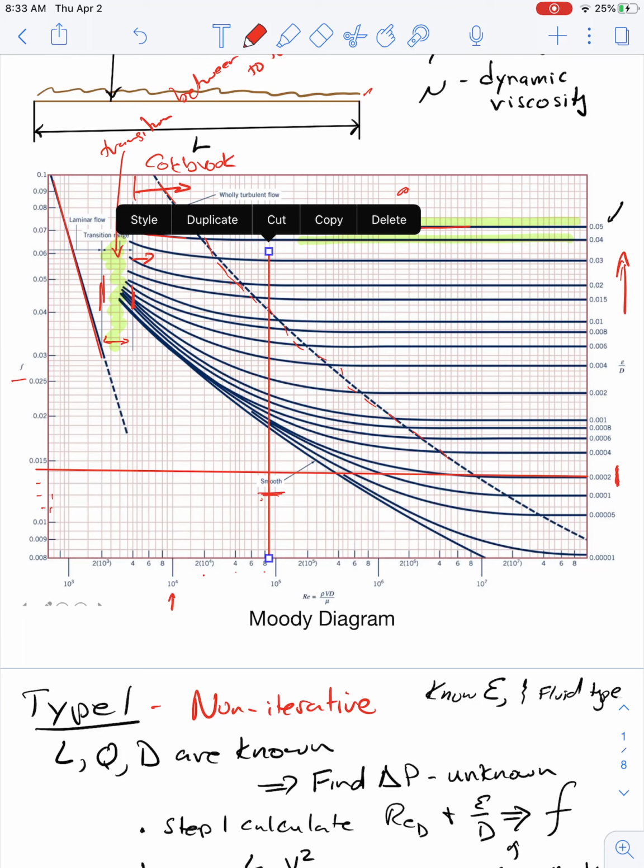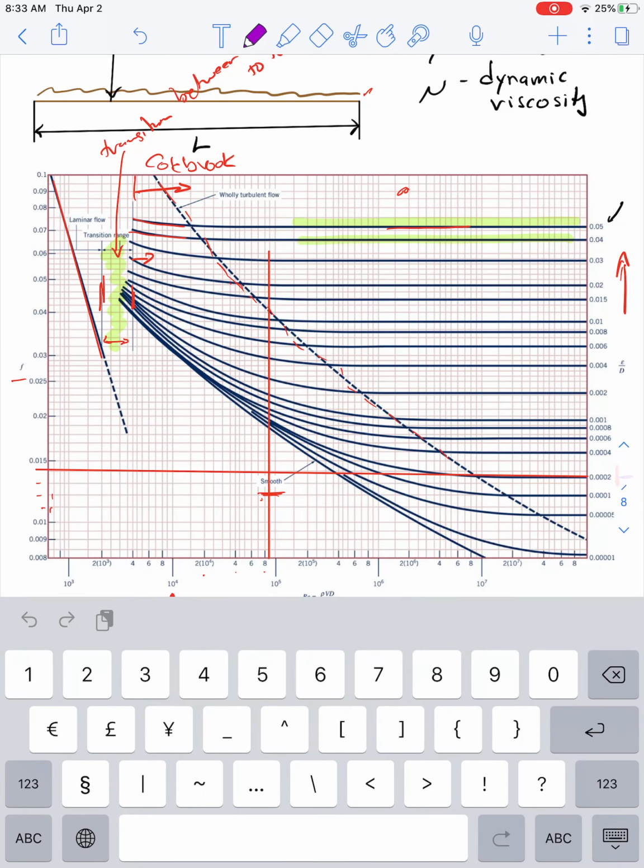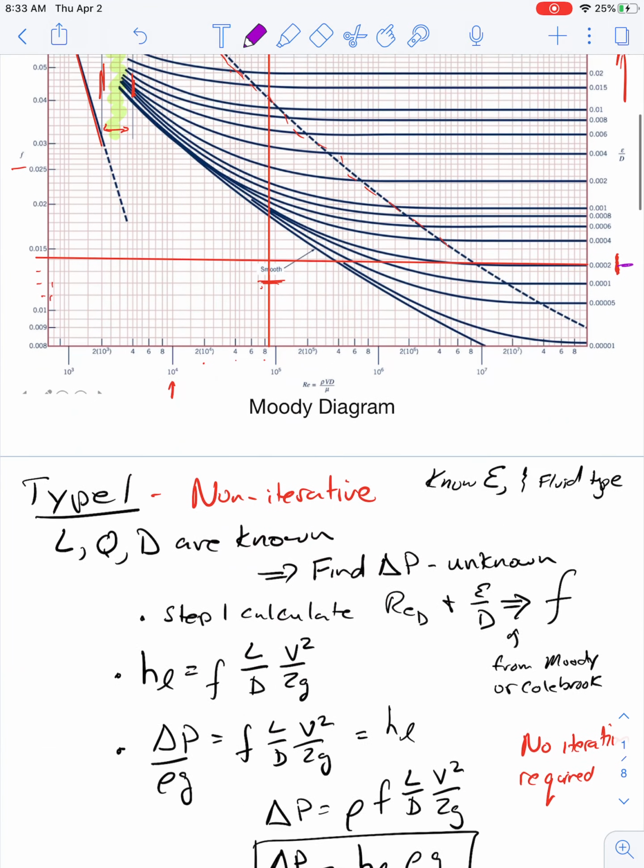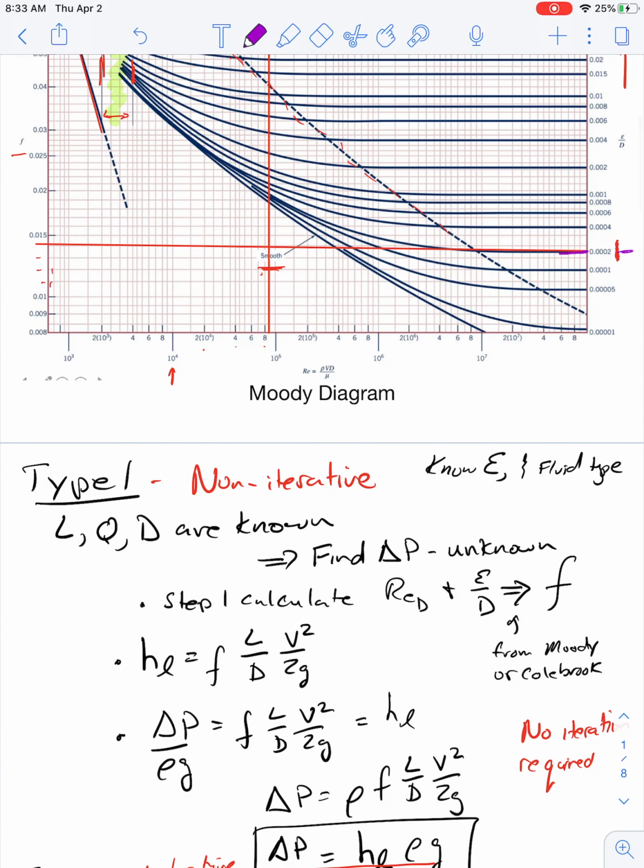And now we have to follow our appropriate line that we started with. So remember, our roughness is 0.002 over here. So now instead of going straight out in the wholly roughened zone, we're going to follow this up to about here, and then go across. Hopefully I get a straight line here to approximately here.